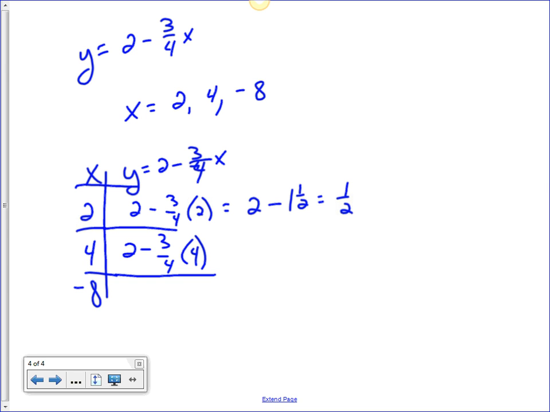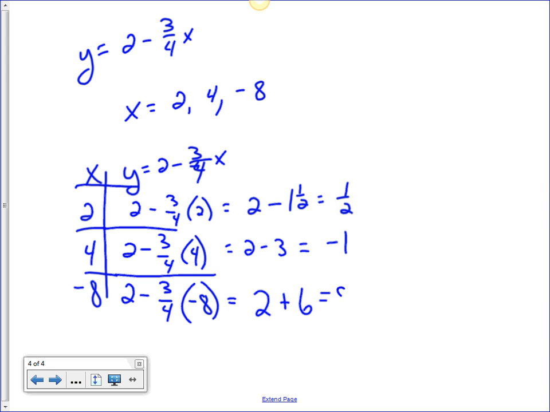And that would be 2 minus 3, which gives us negative 1. And the last one, if we plug in a negative 8, I have 2 minus 3/4 times negative 8. So I would have 2 plus 6, which gives us the value of 8.